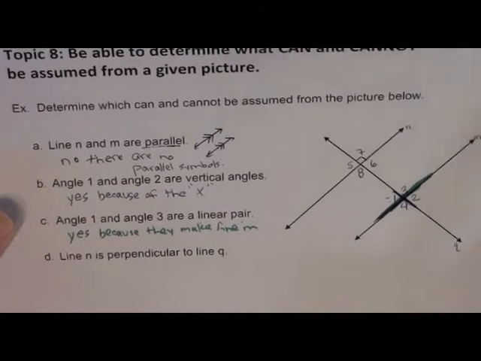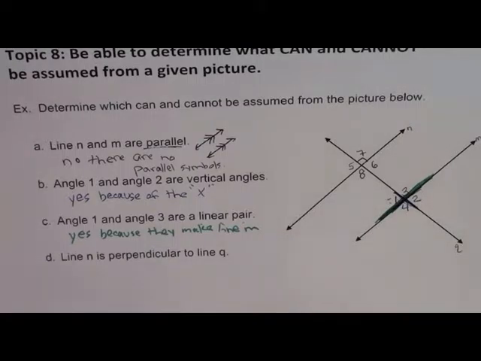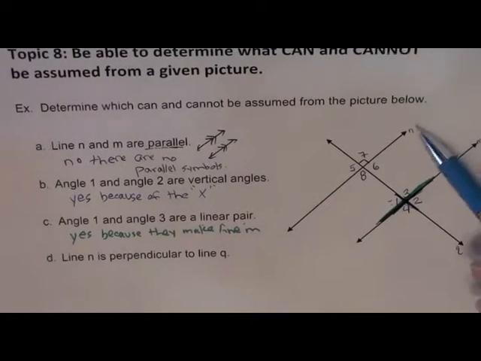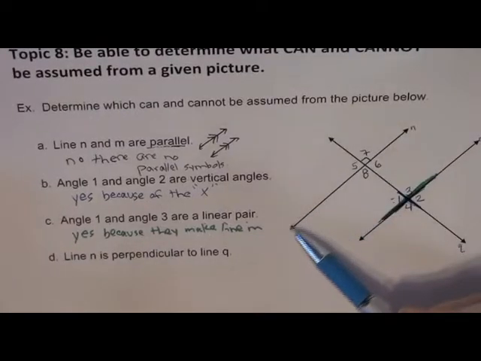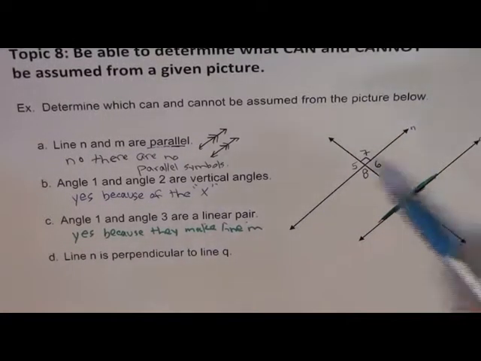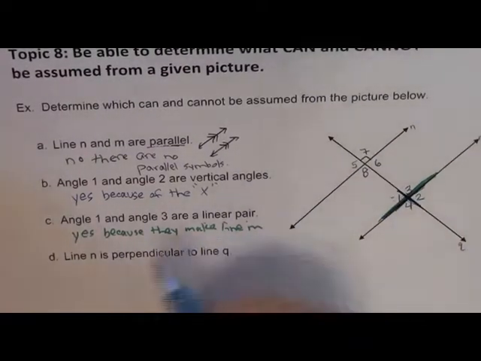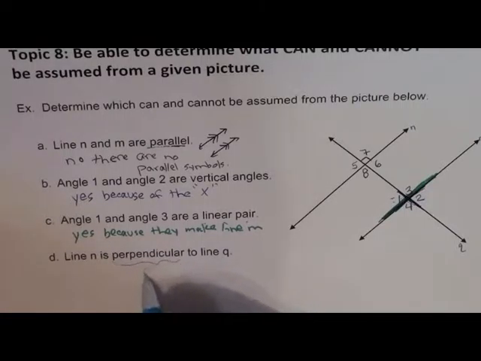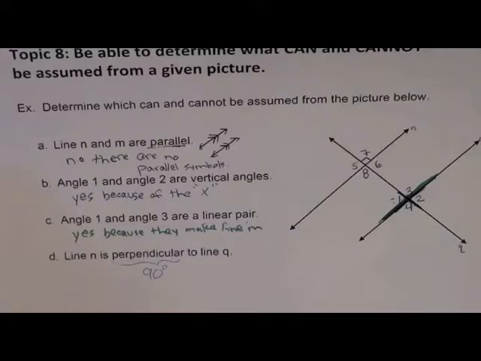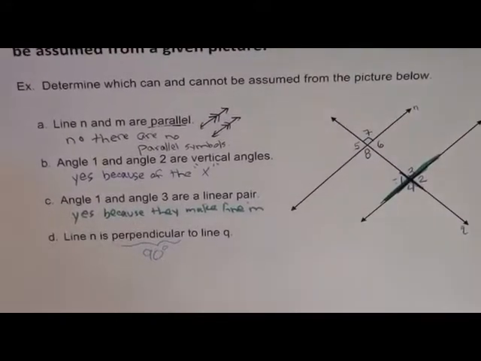The last one, line N is perpendicular to line Q. Line N and line Q. So let's see here. Here's line N, goes this way. Here's line Q, goes this way. Perpendicular means 90 degrees. So the question is, is it guaranteed that those 2 lines cross at 90 degrees?